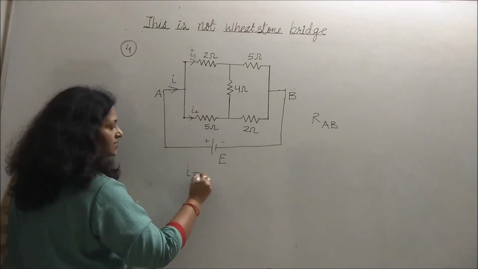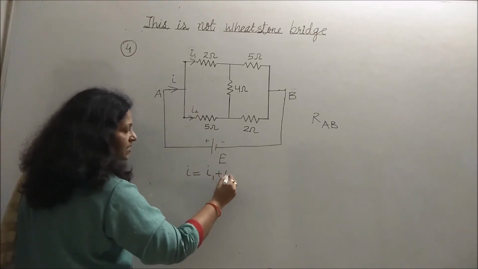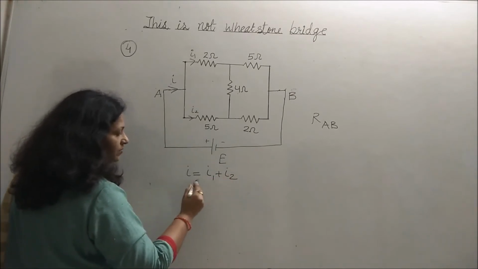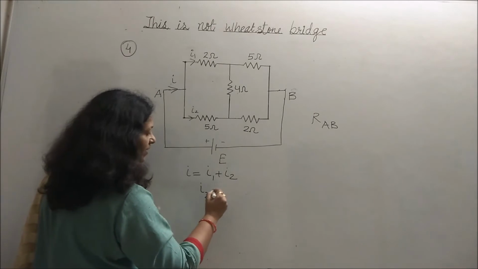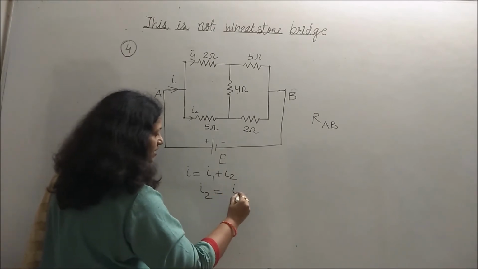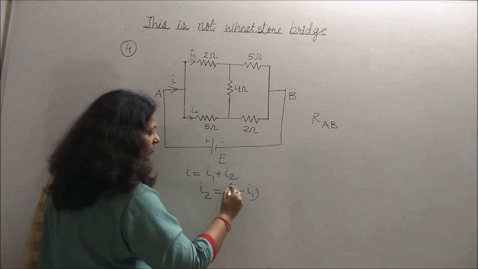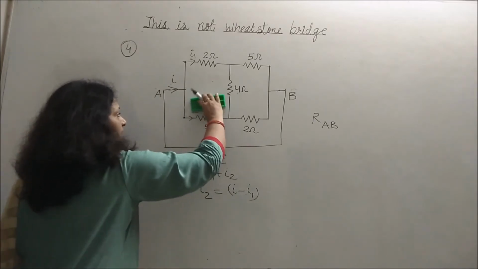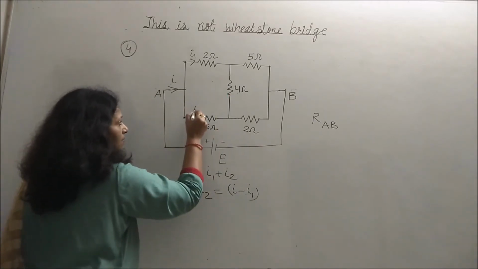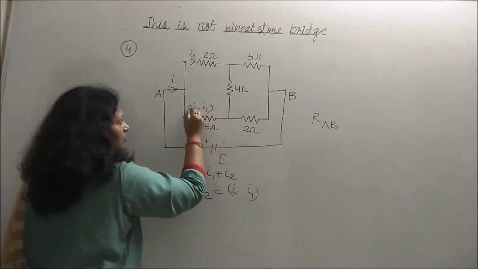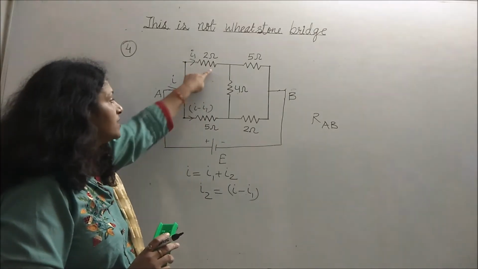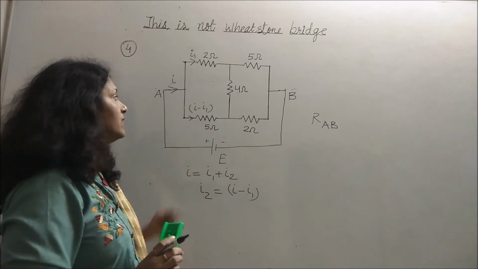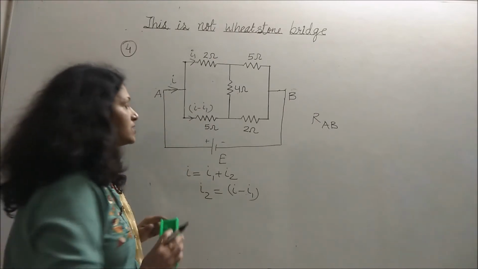So I is equal to I1 plus I2. From this equation we can get the value of I2, which is nothing but I minus I1. So we can replace this I2 by I minus I1. Okay, I1 current is flowing across this 2 ohm resistance, and I minus I1 across this 5 ohm resistance.